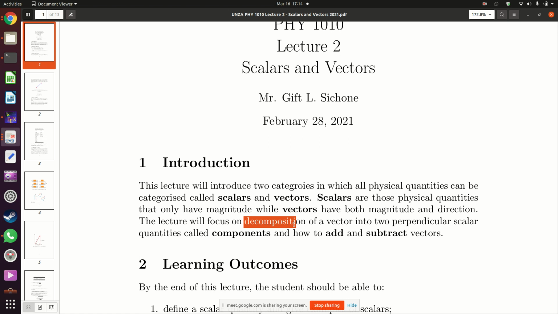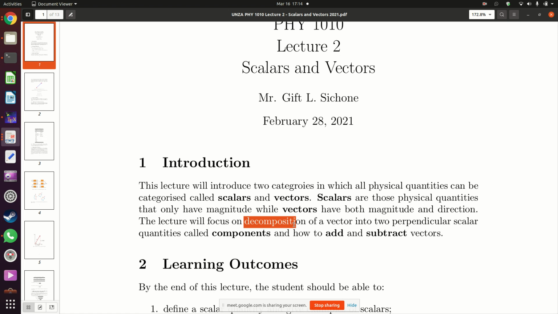So if you have a vector which does not point along the x axis or along the y axis, but wherever it points, then you want to find out how much that vector is along the x-axis or how much that vector is along the y-axis. Then that's what's referred to as a component. Okay? Then after finding components, we are going to learn how to add and subtract vectors.